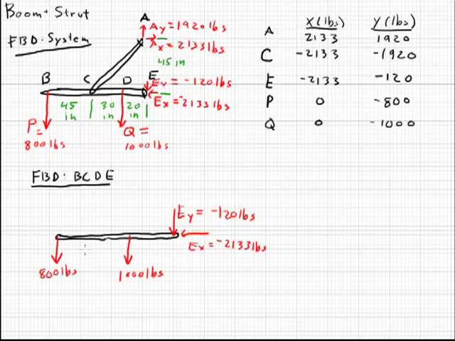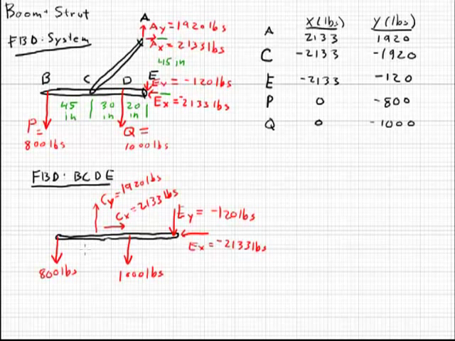And then finally at point C, we have 2133 and 1920. We have to switch the signs here. So CY equals 1,920 pounds. CX equals 2,133 pounds.